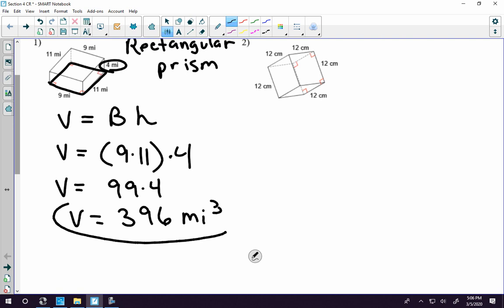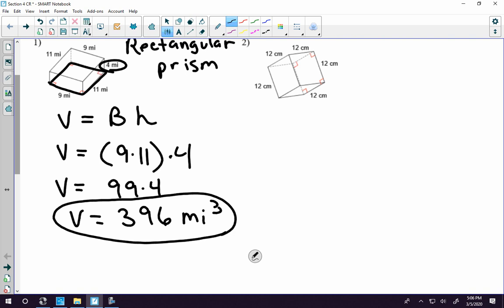Surface area and lateral area, or area I should say, is in square. The degree is 2, but it's cubic when we talk about volume. So the volume or space inside of this rectangular prism is 396 cubic miles.